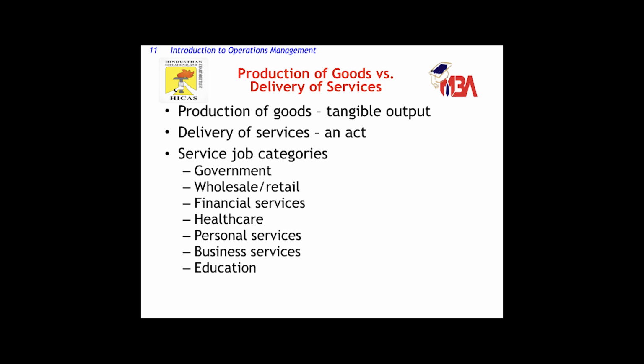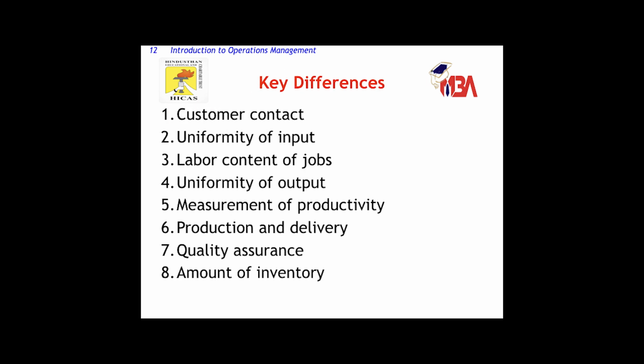Now let us look at the key differences between the manufacturing industry and the service industry. If you look at the differences, there are certain factors which we can use to distinguish what's happening in a manufacturing industry and what's happening in a service industry. If you look at the first factor, customer contact.